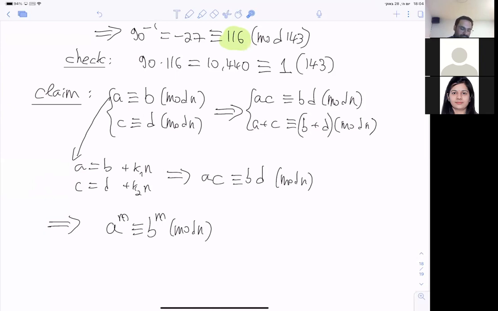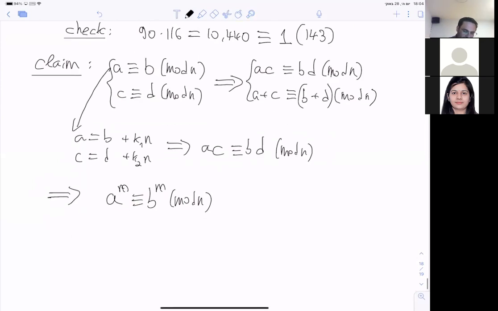If you have an addition or multiplication, it doesn't depend on the choice of the representative. AC will be like BD, and A plus C will be B plus D, etc. And also the power. For example, let us see an exercise.